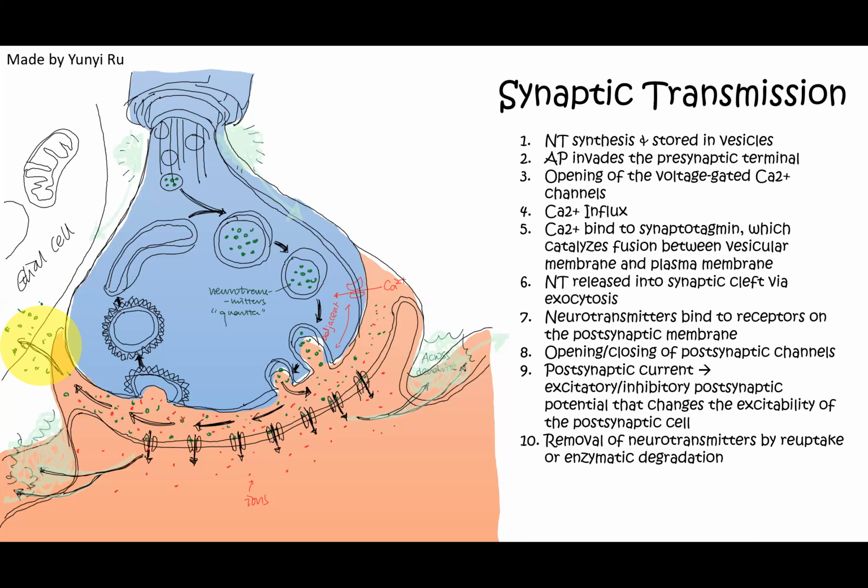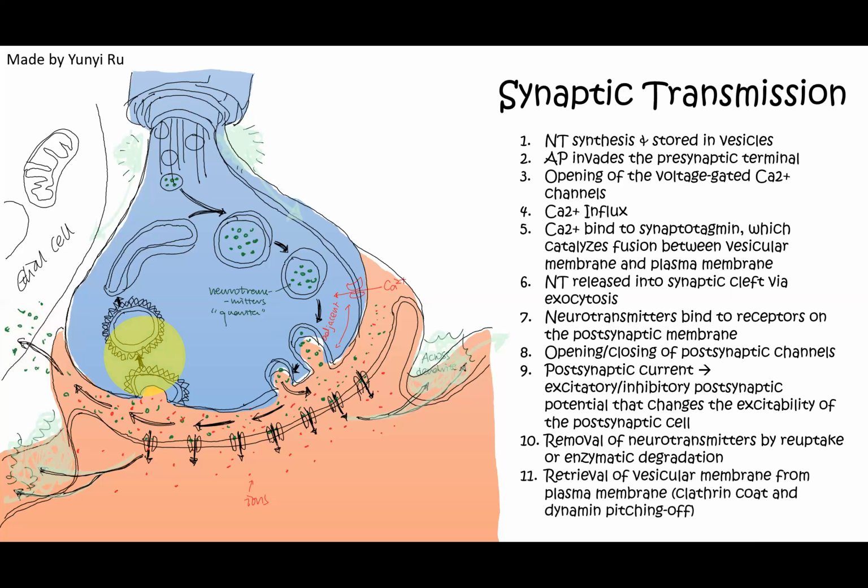Then there is the removal of neurotransmitters by reuptake or enzymatic degradation. At last, there is the retrieval of vesicular membrane from the plasma membrane. At first, the clathrin coat clusters, and then dynamin pinches off the vesicles from the membrane.